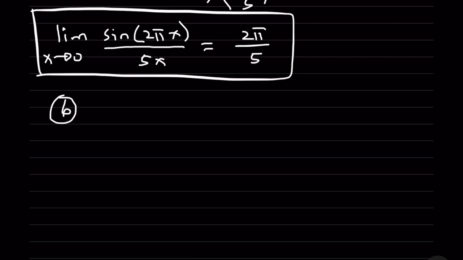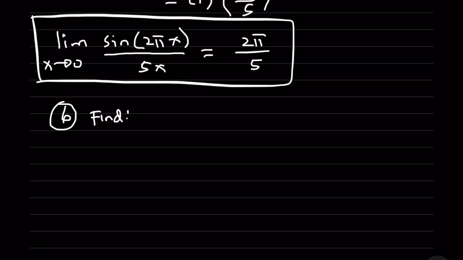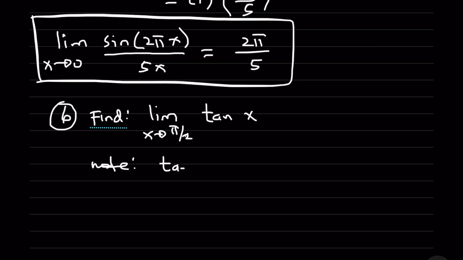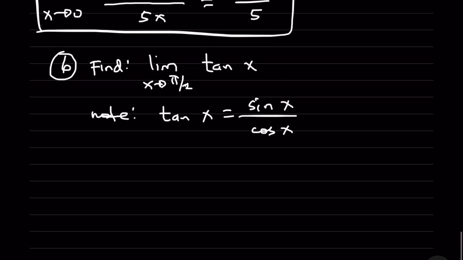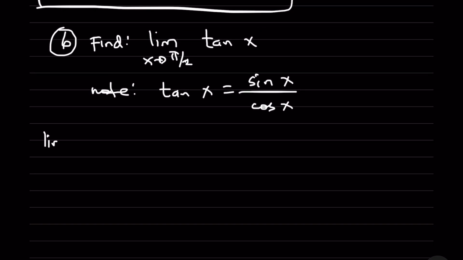Next question, number 6. Find the limit of tangent x as x approaches pi over 2. So we take note that tangent x is equal to sine x over cosine x. You've learned that from trigonometry.